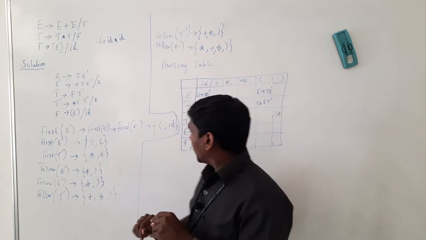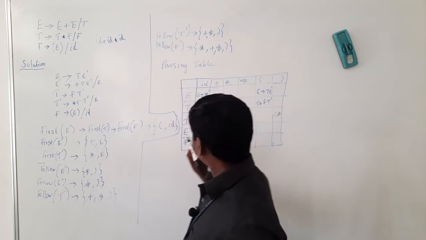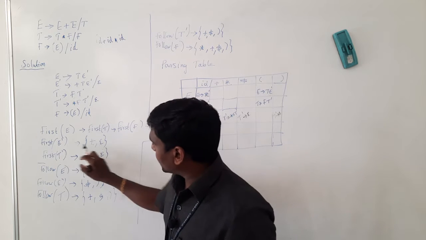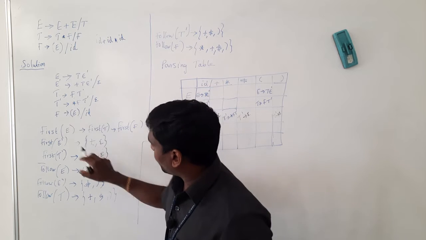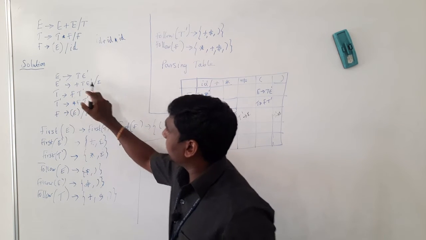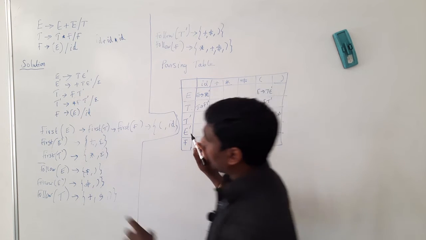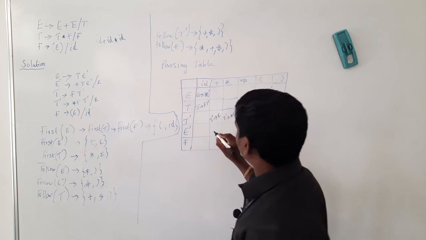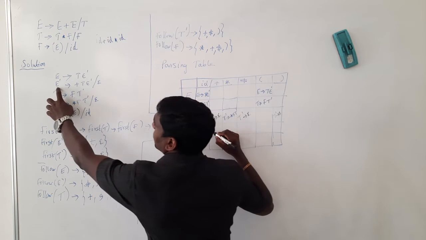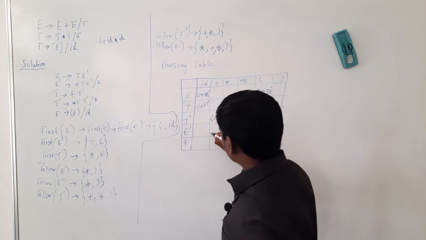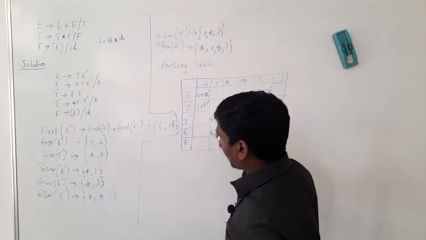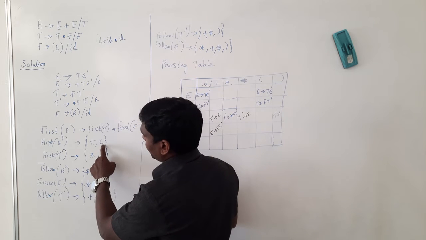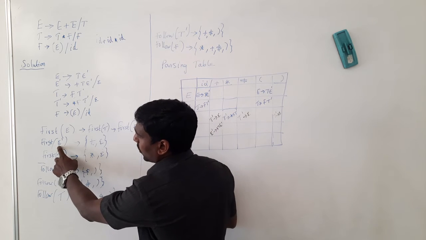Now I want to check E dash. First of E dash is plus, epsilon. So in the place of plus, I have to fill E dash tends to plus T E dash. If there is epsilon, I want to find the follow of E dash.